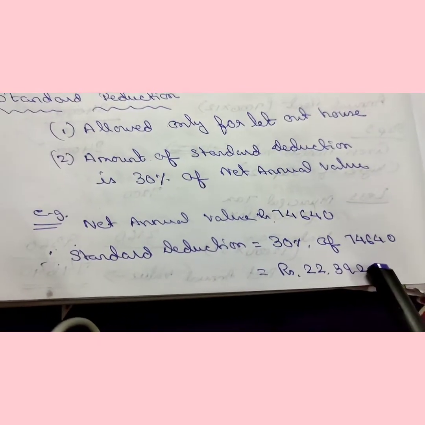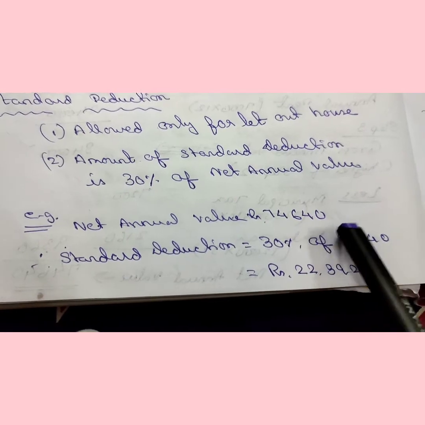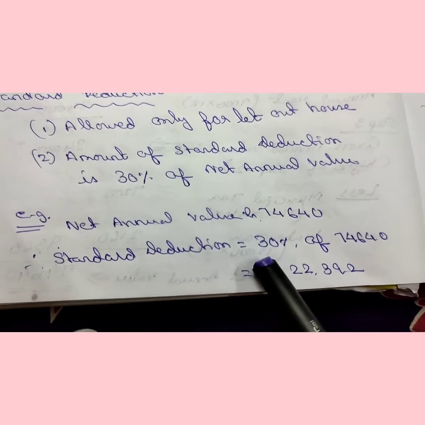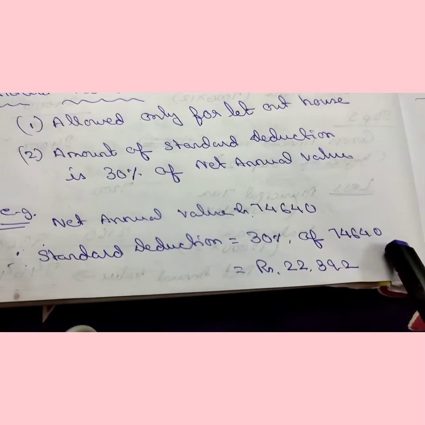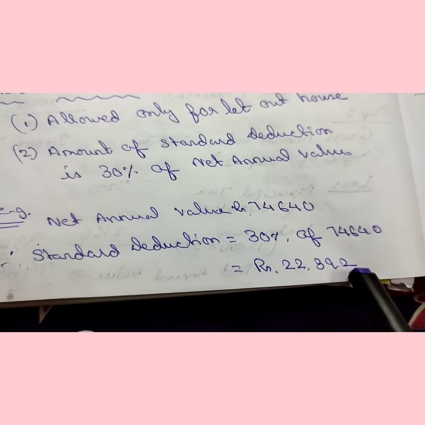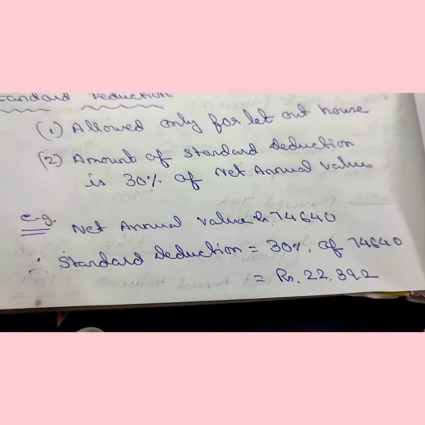Here is an example for you. Net annual value is rupees 74,640. Therefore, what will be the standard deduction? 30% of this net annual value 74,640. Calculate, it will come to rupees 22,392, and this is the amount of standard deduction.